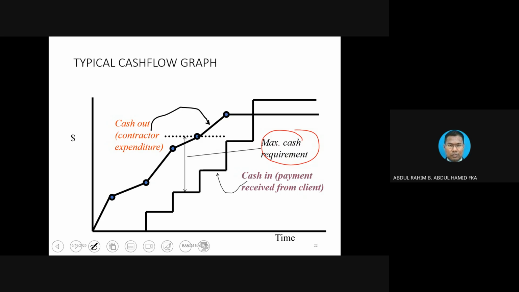You notice that the contractor is running short of money from the first month until the 6th month, for instance. Let's say this is the first month, 2nd month, 3rd month, the 4th month. On the 4th month, this is the amount of money that the contractor has already spent, but the contractor is only going to receive money at this particular point.